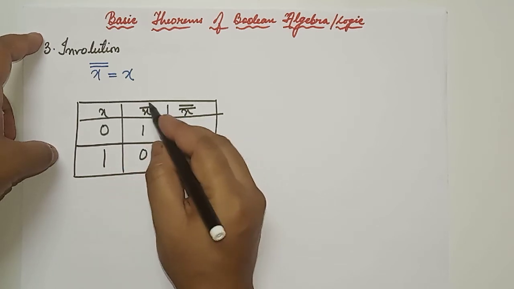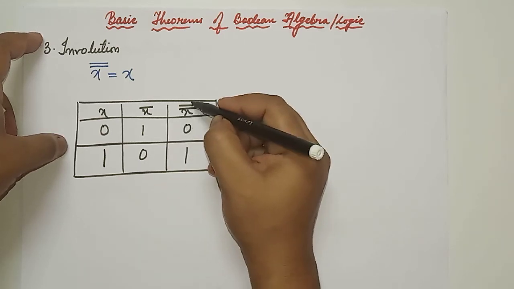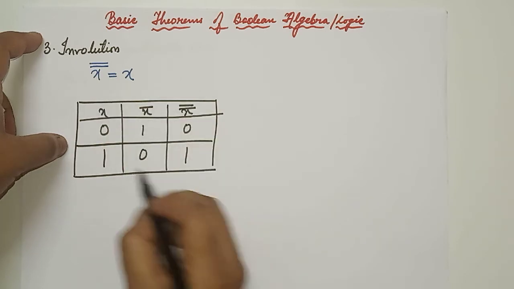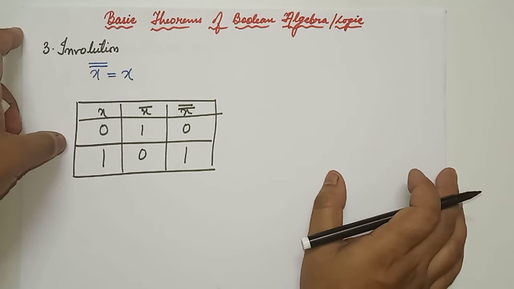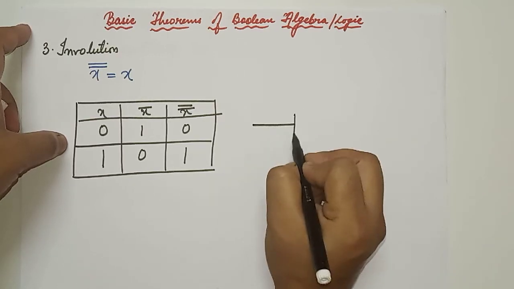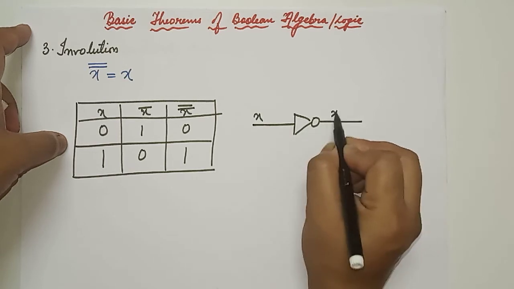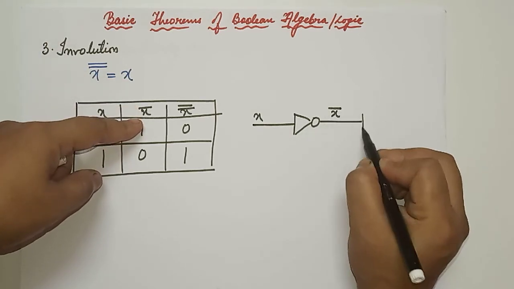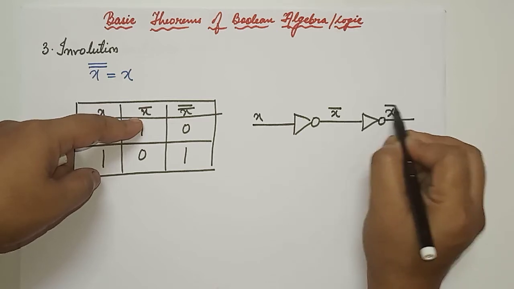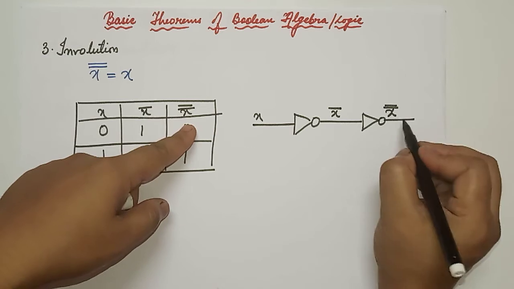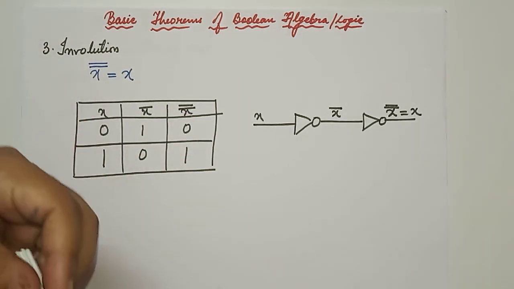Again, if you apply the complement to this column, you will get 0 and 1. So after comparing these two columns, you can see both the columns are the same. Let's see the circuit diagram. It's very easy. First we have got x bar. Next, again we have applied an inverter, x double complement, which is equivalent to x only.